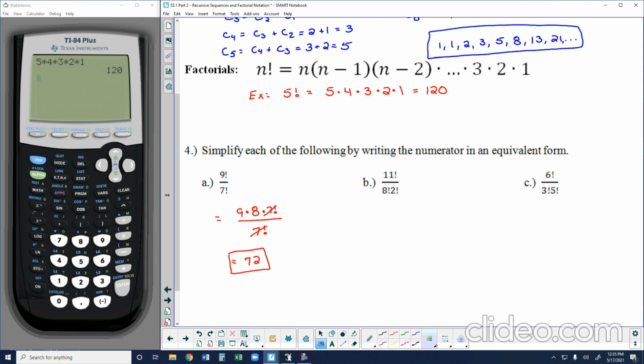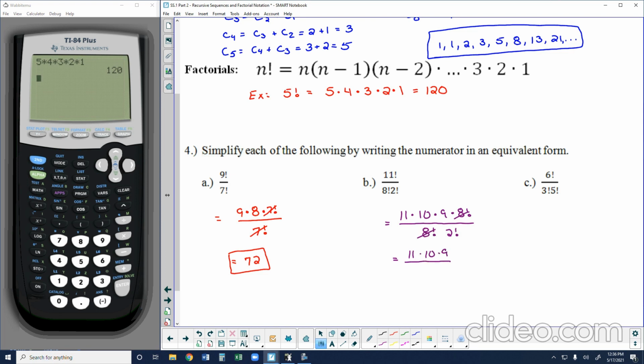In problem number 11, I can rewrite this numerator as 11 times 10 times 9 times 8 factorial. The reason I'm stopping at 8 factorial, I could go all the way down to 1, but you see in the denominator, I have another 8 factorial. So I can eliminate here. So I have 11 times 10 times 9 over 2 factorial.